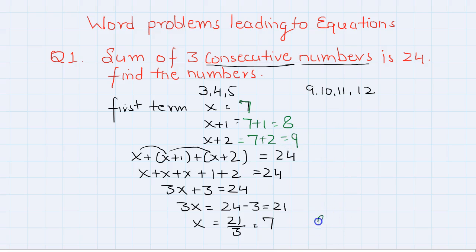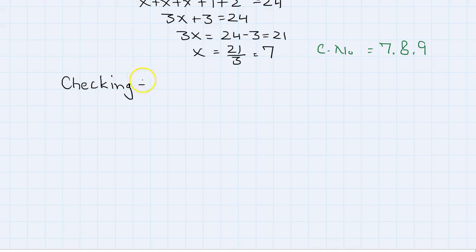So our consecutive numbers are 7, 8 and 9, and the sum of 7, 8 and 9 is 24. There's another method for you to know what those numbers are, although it's not going to give you any marks because there's no method in it, but you can check your answer.